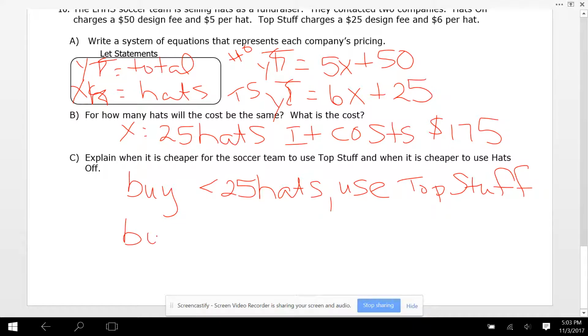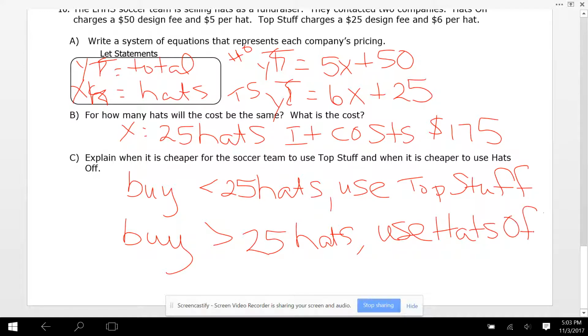And if you're buying more than that, you should use Hats Off. If you're buying exactly 25, it doesn't matter. So there you have it.